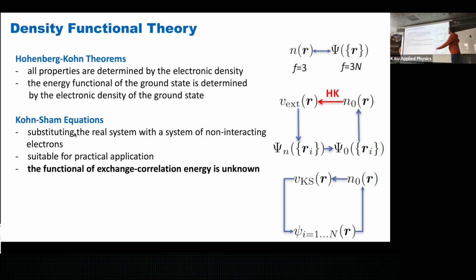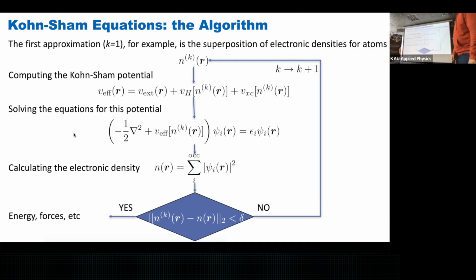And this way was shown by the Kohn-Sham equations. They substituted the real system with a system of non-interacting electrons. But the problem was that we don't know the exchange correlation energy. So what is the algorithm? We use this algorithm each time when we start our Quantum Espresso calculation.